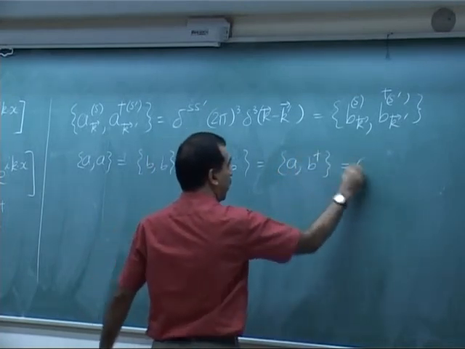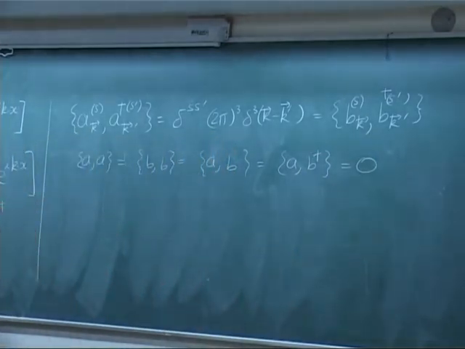All the others are implied by complex conjugation. There are 4 more: a dagger with b dagger, and a dagger with b. All are 0. All anti-commutators are 0, which means whenever a's and b's pass through each other, they pick up a minus sign, even though they don't pick up any commutator factor.